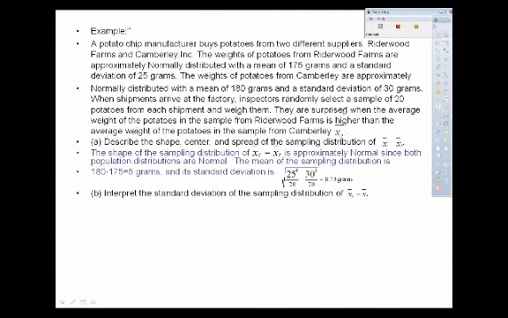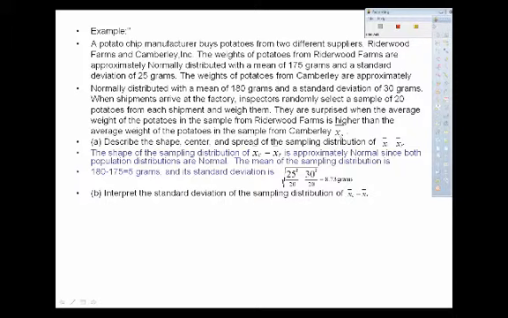All right, here we've got an example. A potato chip manufacturer buys potatoes from two different suppliers, Ryder Wood Farms and Camberley, Inc. The weights of the potatoes from Ryder Wood Farms are approximately normally distributed with a mean of 175 grams and a standard deviation of 25 grams.